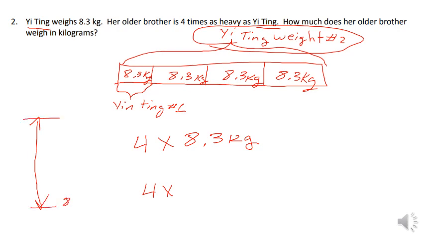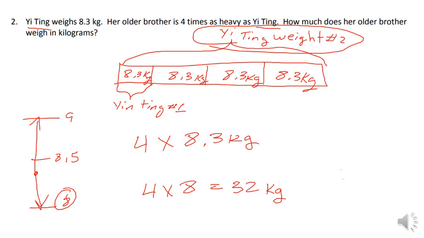We know it's between 8 and 9 kilograms. Right in the center is 8 5/10 kilograms. 8 and 3/10 would be here, so it's going to be closer to 8. So we know he's got to be close to 32 kilograms.